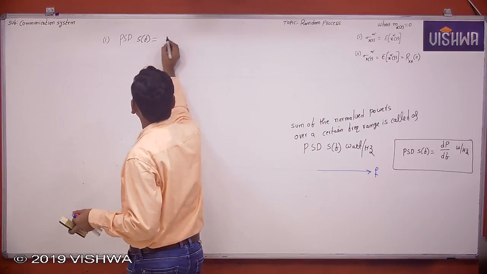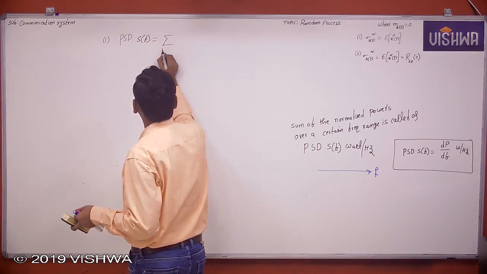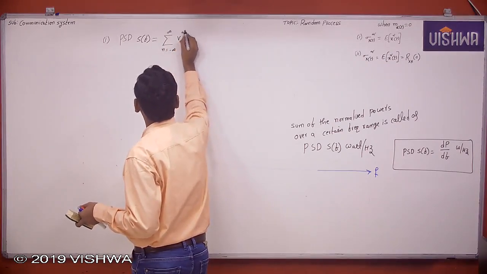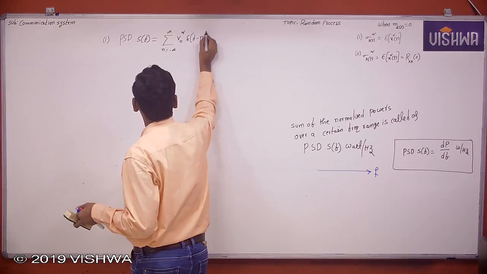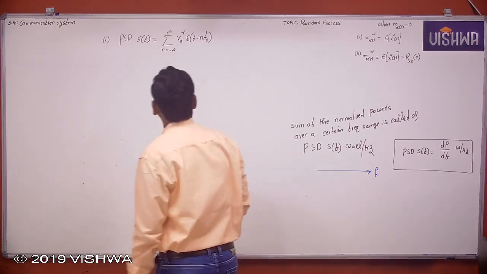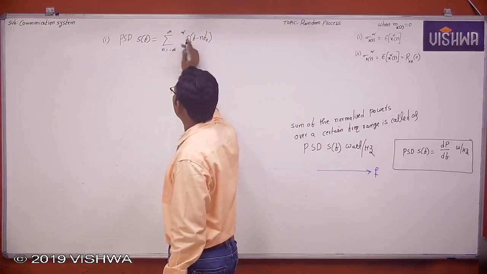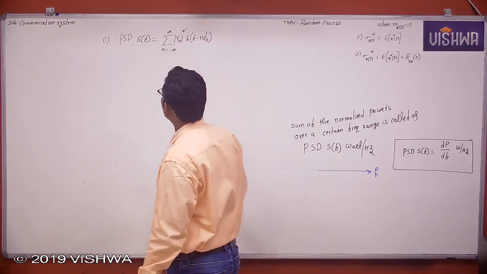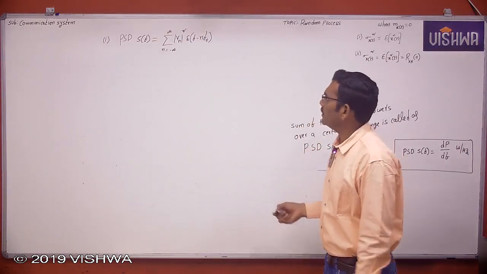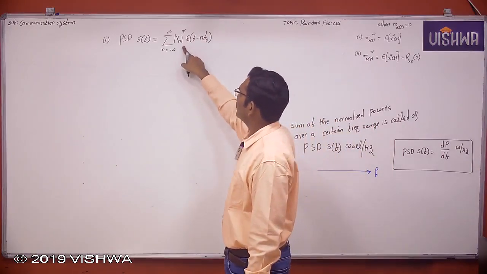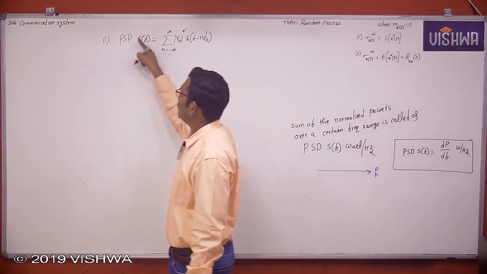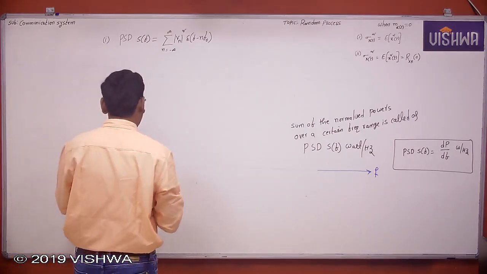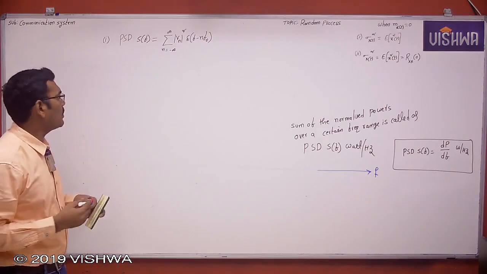Sum of the normalized powers over a certain frequency range is called power spectral density. Okay. Now from here we will have one important relation which is very useful for studying noise analysis.